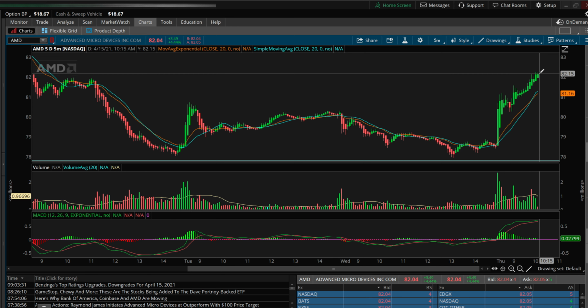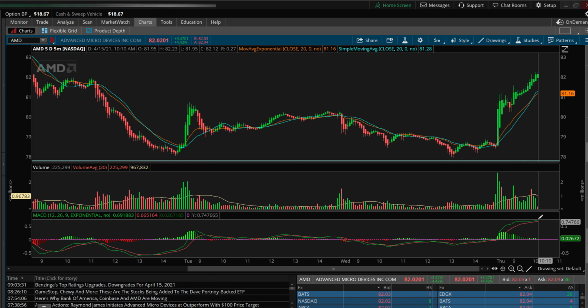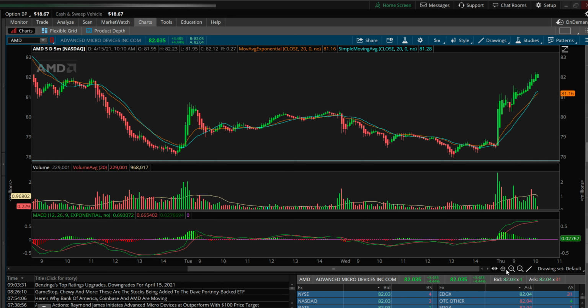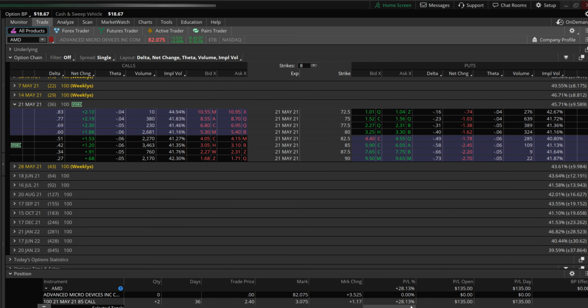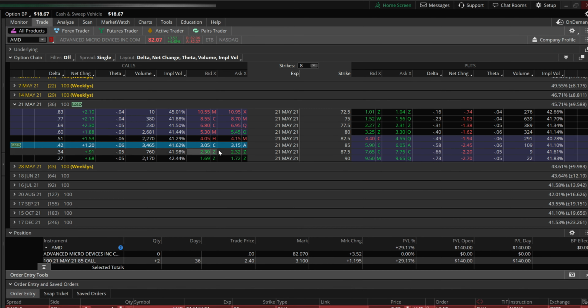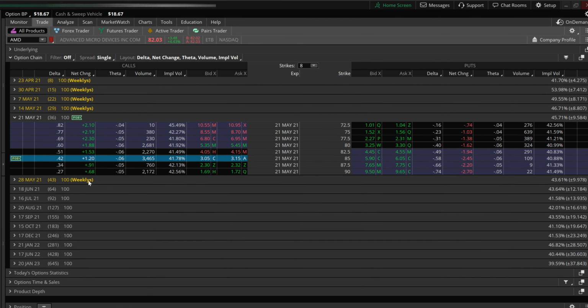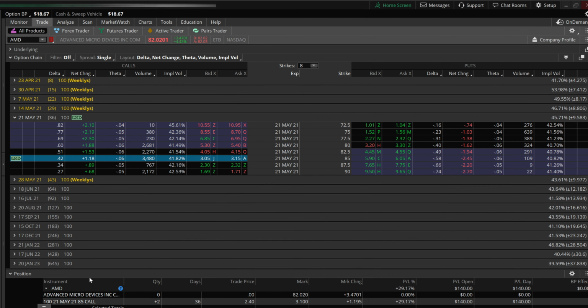Now I know this candle isn't done yet, but MACD is starting to arch down. The price is starting to kind of stabilize a little bit, and I'm up just around 30%. So I'm gonna go ahead and take my profits, get out, and live to see another day.